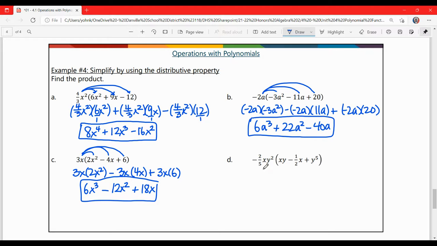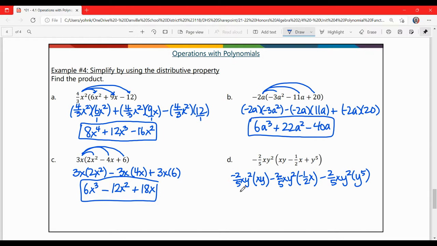All right, there's a lot going on in letter D. We're going to take that negative 2/5 xy squared and we're going to multiply it by everything inside. And if you don't want to write this out every time, that's your choice. A lot of people, it helps to write it every time, because then they don't make silly mistakes as much. Okay, if we want to, we can multiply.